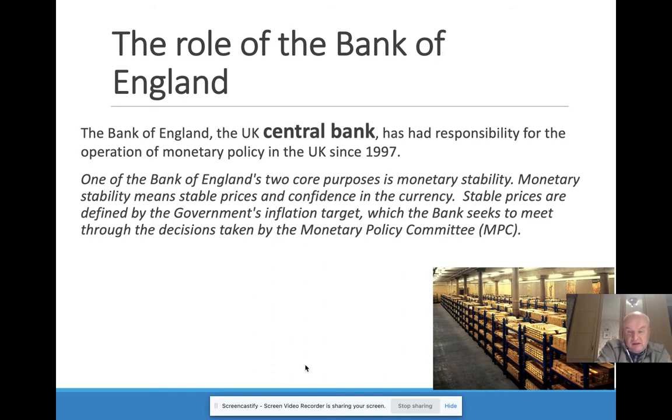If we can maintain stable prices, and this is often defined by the government's inflation target, then the bank seeks to meet those objectives through decisions that are made by the Monetary Policy Committee, the MPC, and we'll talk a little bit more about who those people are, and how they go about their decision making.